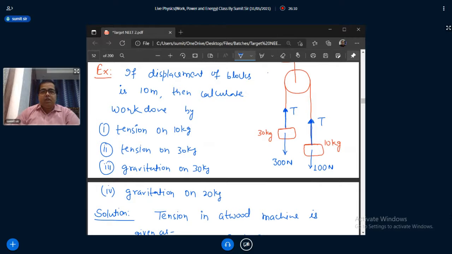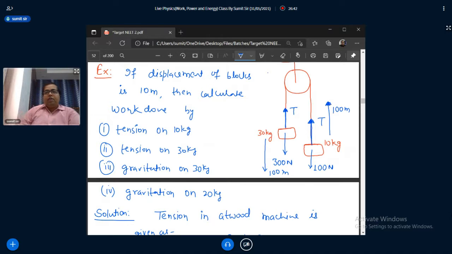So this is, I have acceleration A and acceleration A upward. Okay. So what you can say, remove the acceleration. It's given that there is a 100-meter displacement. So it will go 100-meter downward, and this one 100-meter upward.